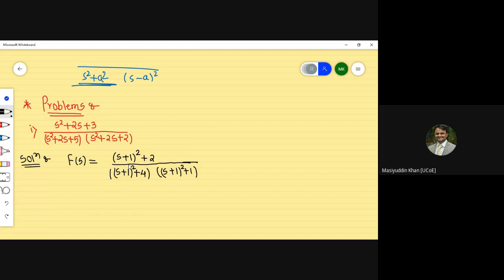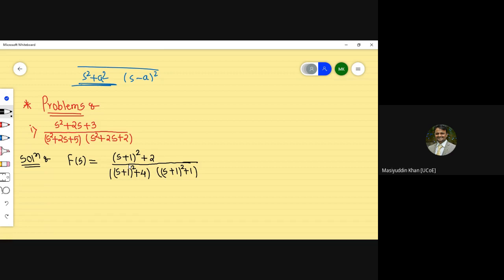So the same thing we applied here. In a Laplace transform, if you remember the first shifting theorem, what does the first shifting theorem state? Whenever e raised to t is there, we have to make s minus 1 in the Laplace transform.